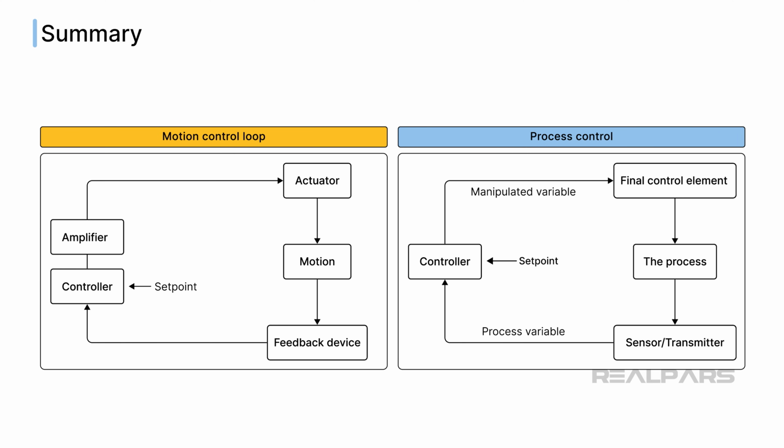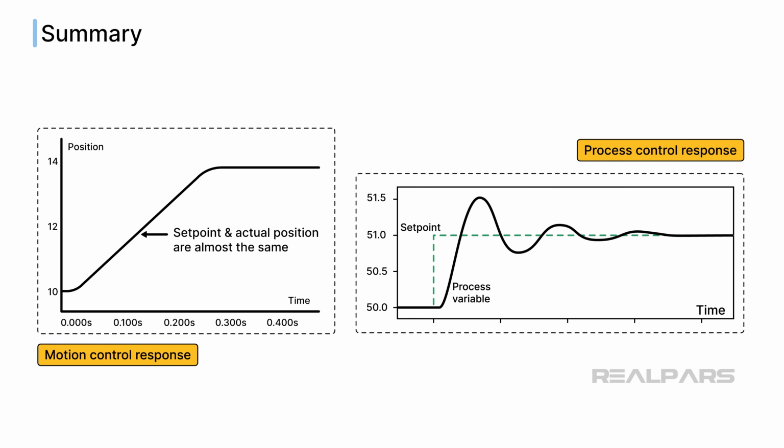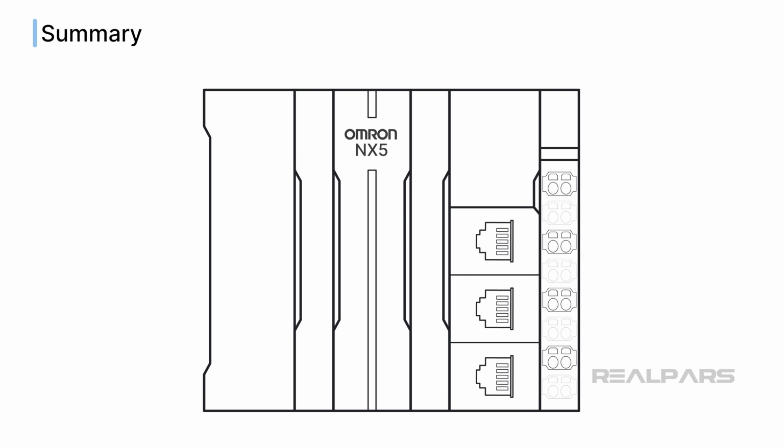The motion control system control loop block diagram resembles a process control loop. Acceptable responses to setpoint changes or disturbances differ in motion and process control. Many vendors offer multifunction controllers that can be both process and motion controllers.